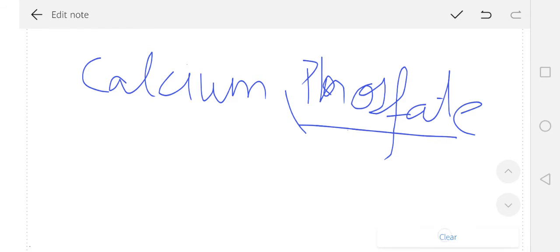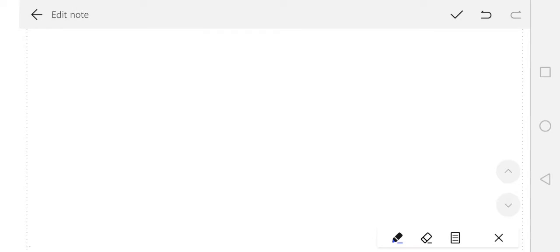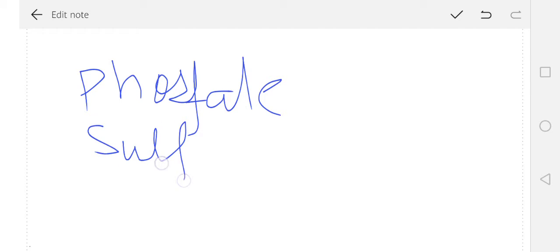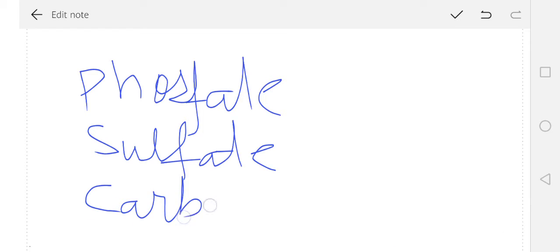There are certain molecular anions in your course which have charge. You can use them to write any formula, which are phosphate, sulfate, carbonate, and the fourth one is nitrate.